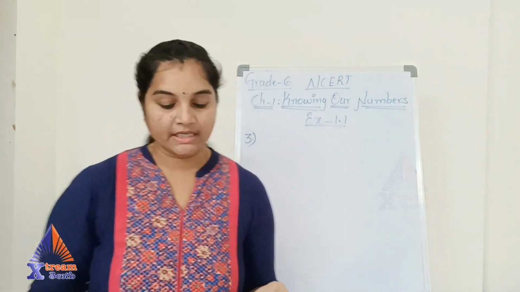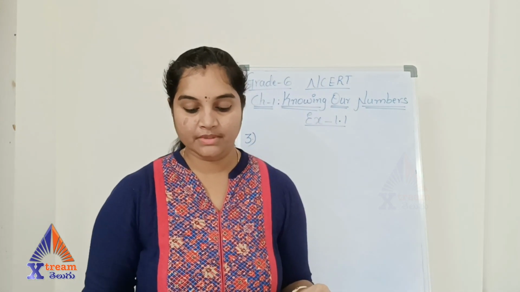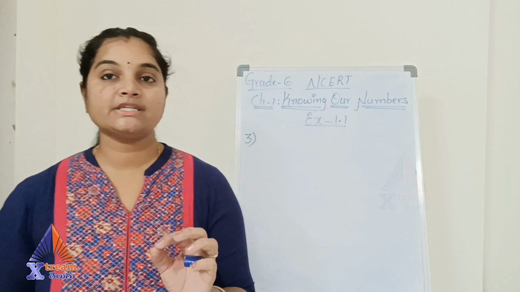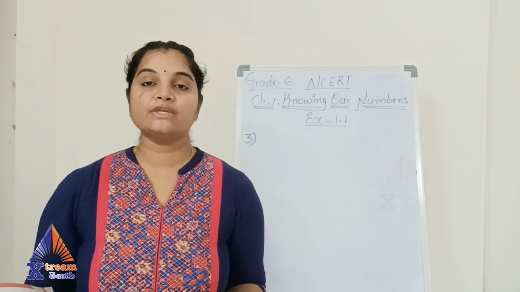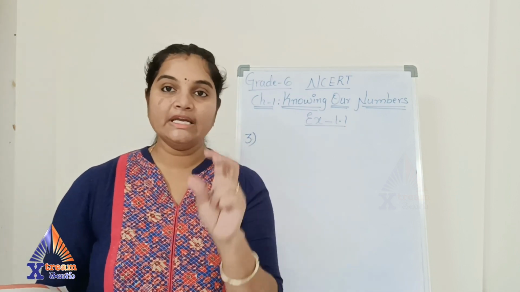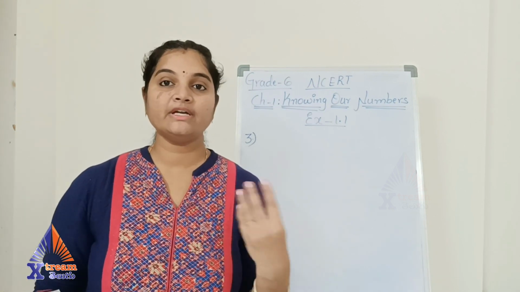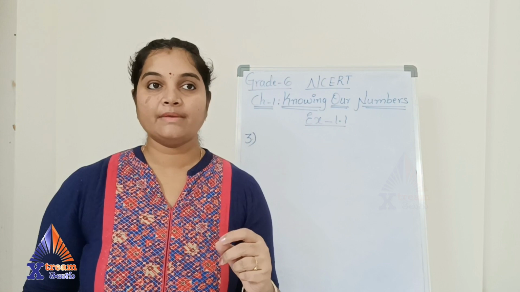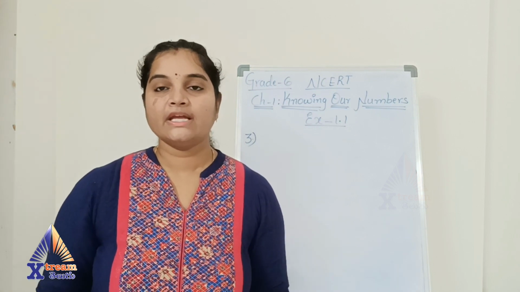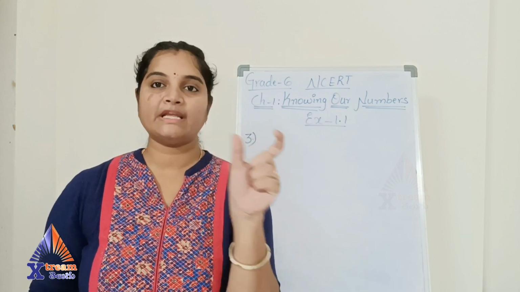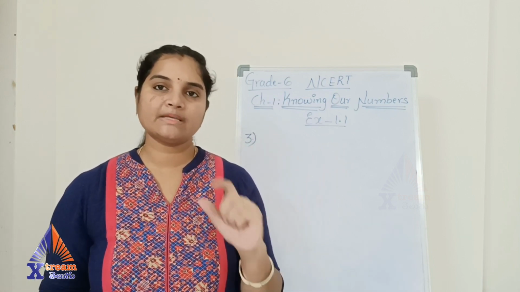Third question says insert commas suitably and write the number names according to the Indian system of numeration. So the first thing we have to do is put the commas properly. Now the Indian system of numeration and the international system of numeration have different places for the commas. As I've discussed in the previous video, the Indian system has only 2 place values for each period except the ones period.